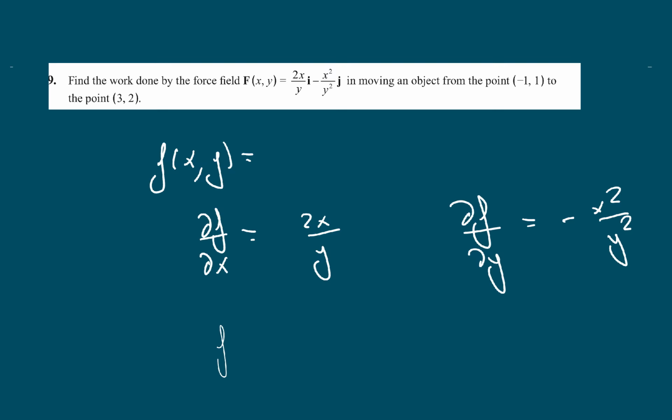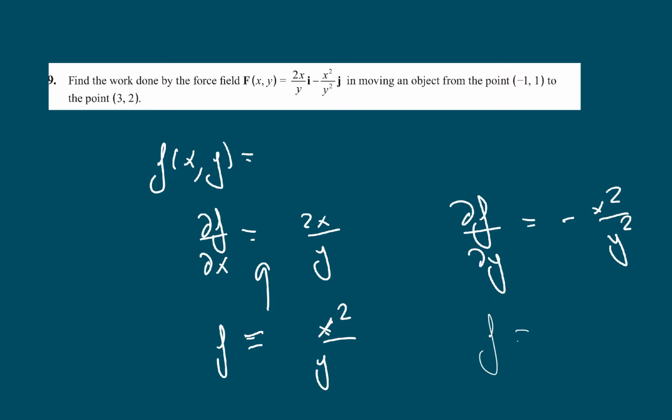Well, from the first one, I need to find a function whose derivative is 2x divided by y. So I will do 2x squared divided by y, times 1/2, so x squared divided by y. This will work to make the partial derivative of f with respect to x be this.